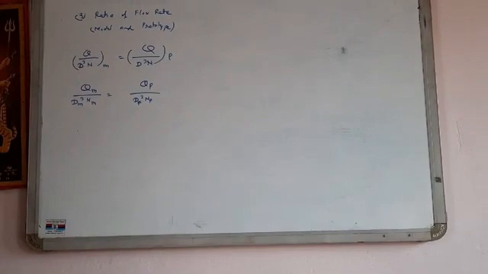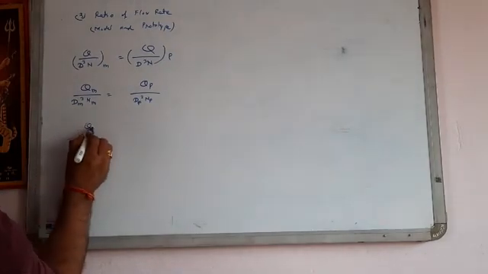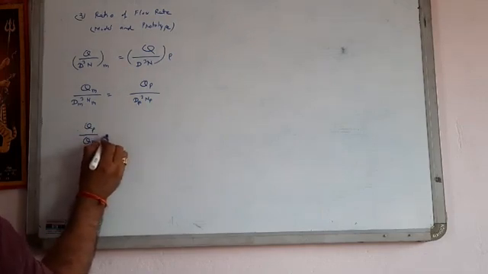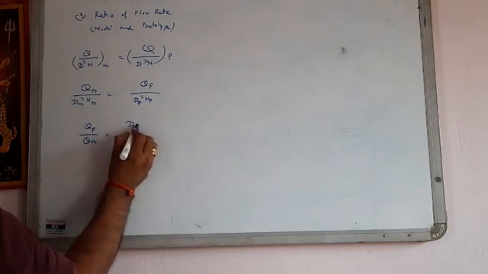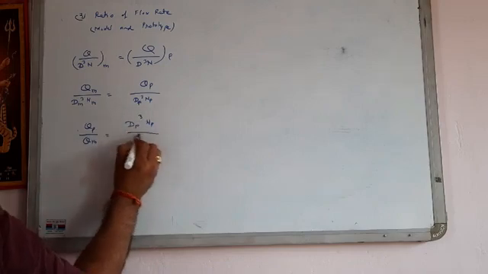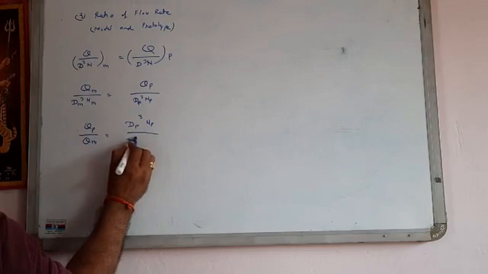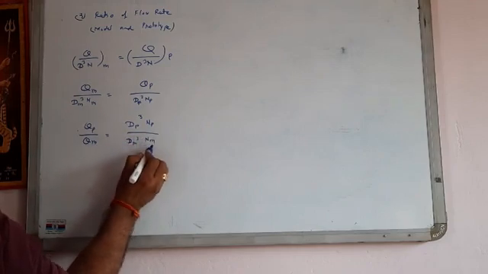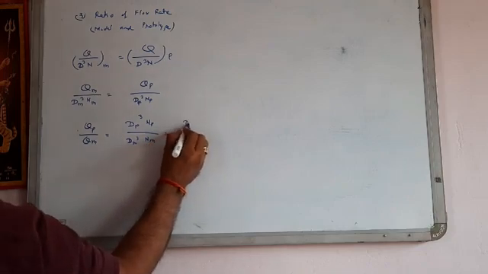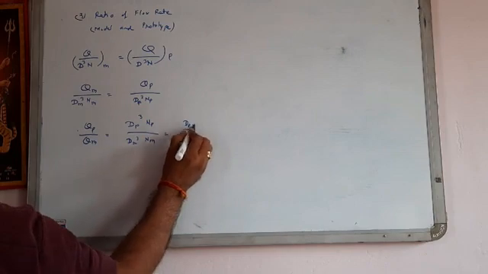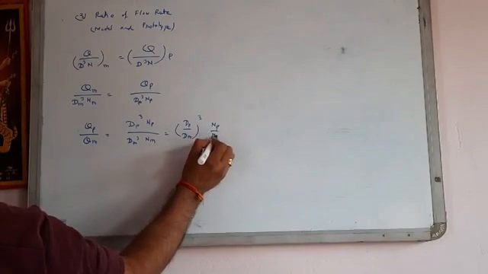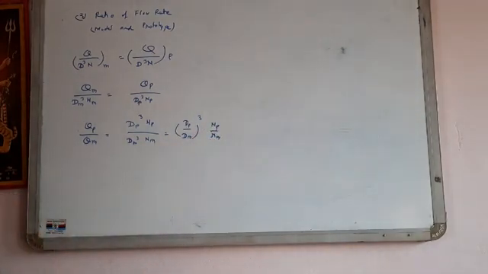Now Qp by Qm equal to Dp cube Np by Dm cube Nm, or this can be written as Dp by Dm cube into Np by Nm.